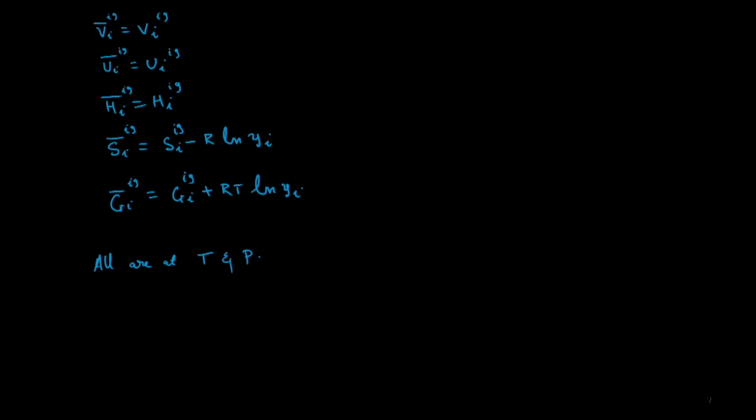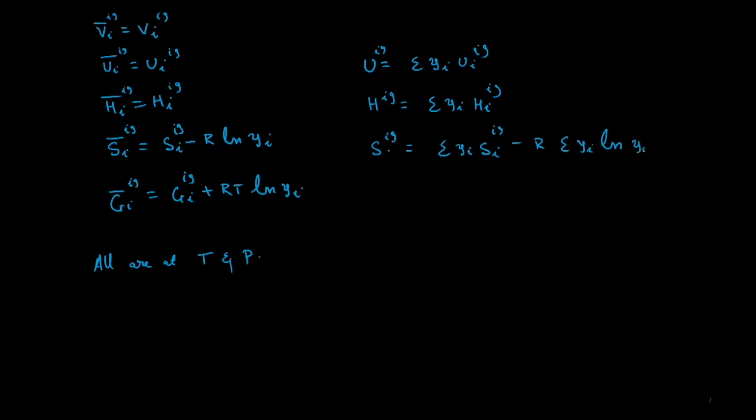Now following these relations, we can also show that U is sigma yi Ui^IG. We use the summability relation over the partial molar properties to get these equations. H is sigma yi Hi^IG. The mixture entropy is sigma yi Si^IG minus R sigma yi ln yi.